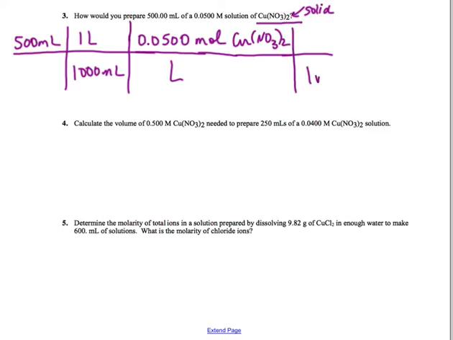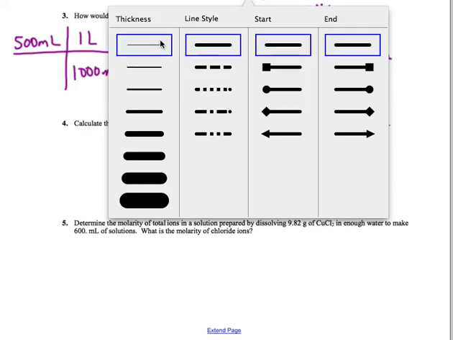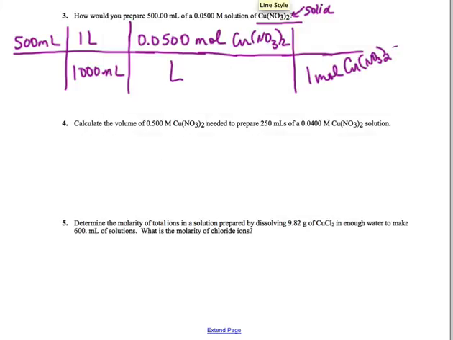So for every 1 mole of CuNO32, what do I have? 187.63.